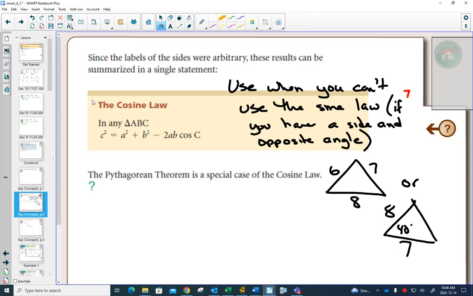Okay? In the cosine law, just like the sine law, the letters don't matter. I can have a triangle labeled P, Q, and R, and then you wonder how to use the a's, b's, and c's. It's the same thing as with the sine law, where angles go with opposite sides.